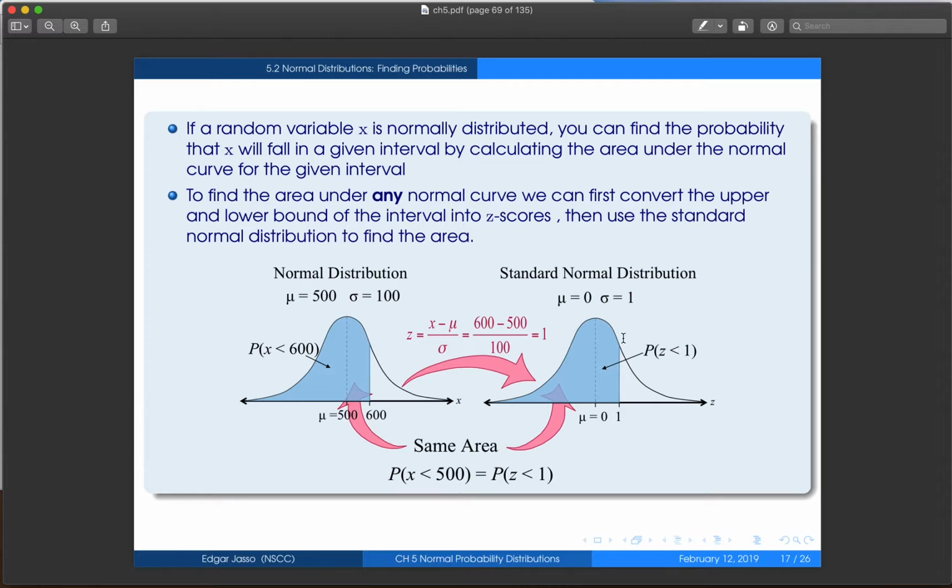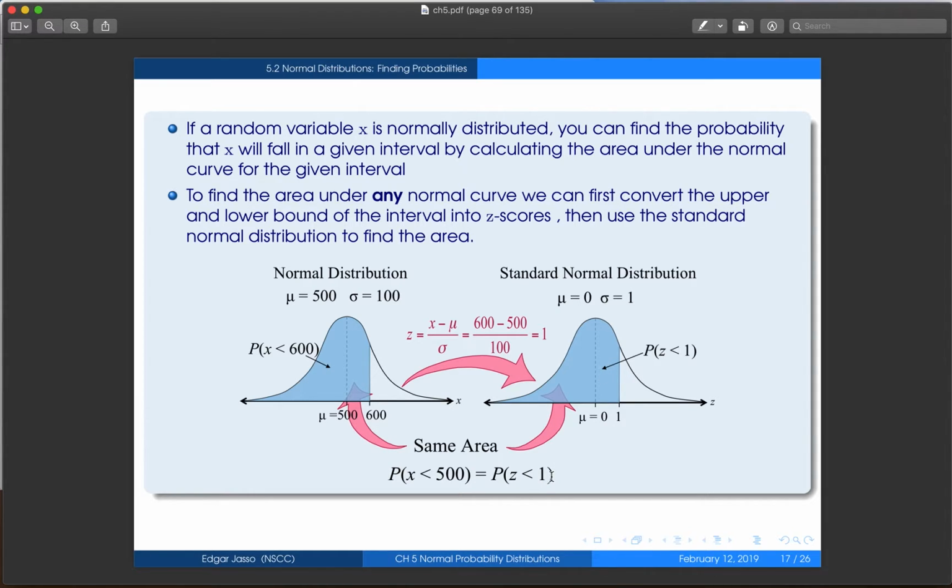So all you care about is finding the area to the left of a point one standard deviation to the right of the mean, and that's exactly what it is on this side as well. So this is the same area under this curve, x less than 500, as under this curve, z less than 1.